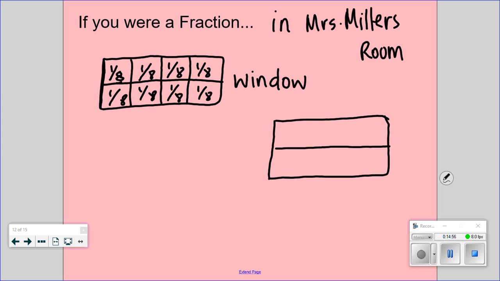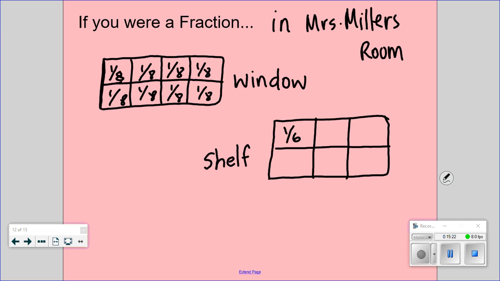Very good. That means one shelf, Brayden, is going to be worth how much? 1/6. It's only 1/6 of the whole thing.